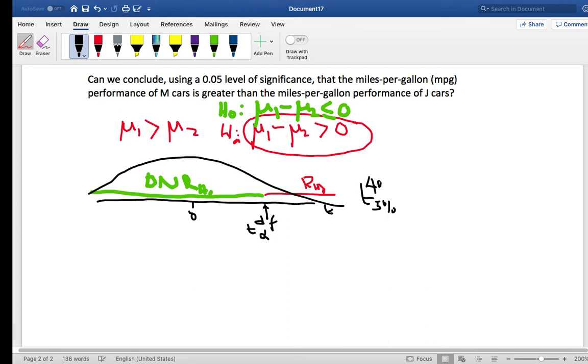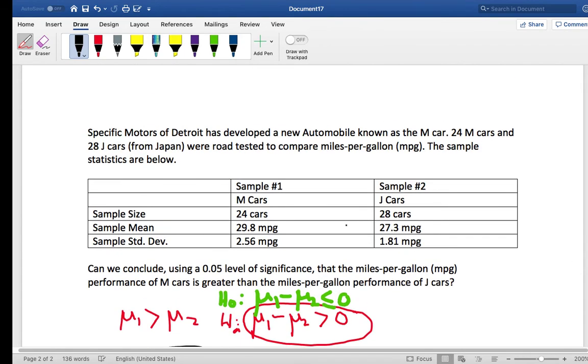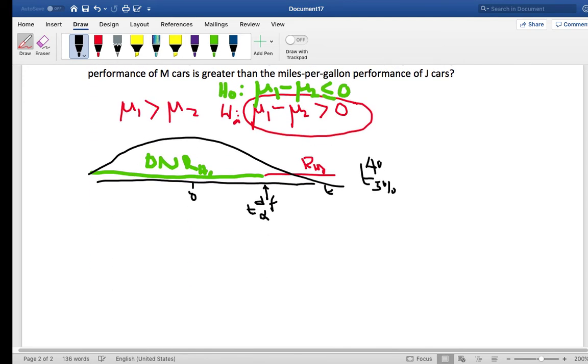If you forgot what we did, put this data into the Excel template, and you'll be able to find the degrees of freedom as being 40. How do I actually work this out? What do I need to put into t dot inverse to work this out? Because the t dot inverse is going to ask me for a probability. Well, the rejection zone is what alpha is, and that's 5%.